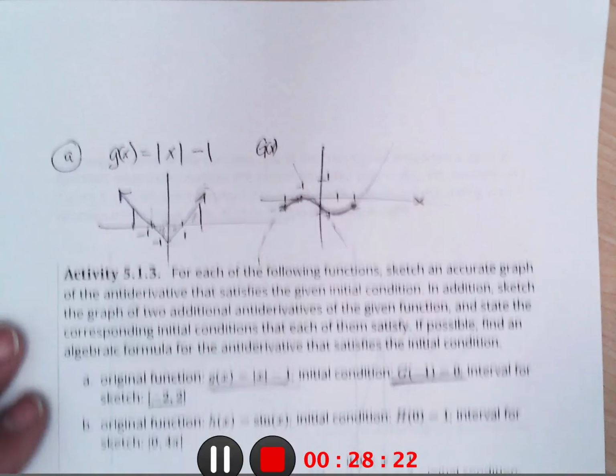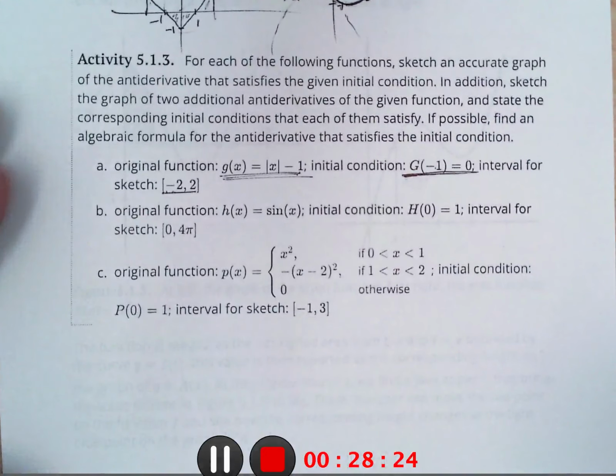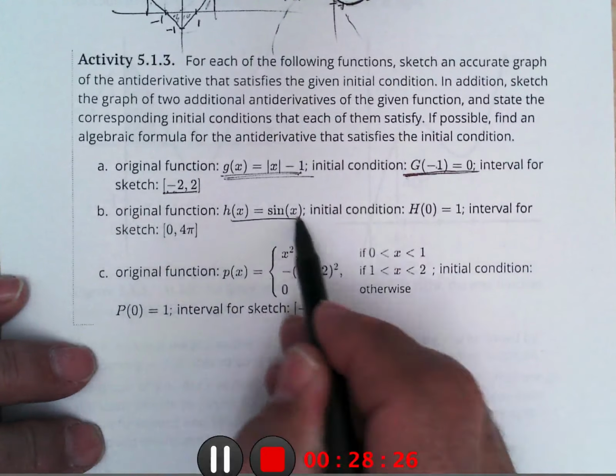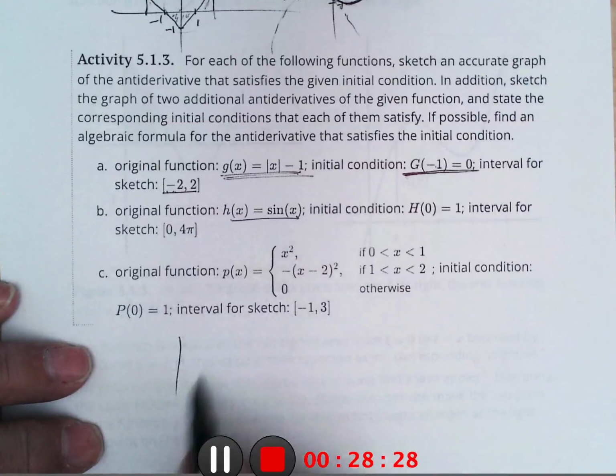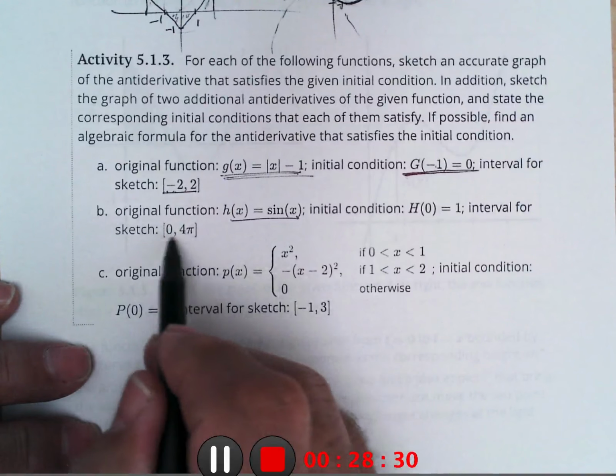B says, what if we have h of x equals sine of x? And we're going to go on the interval 0 to 4 pi.